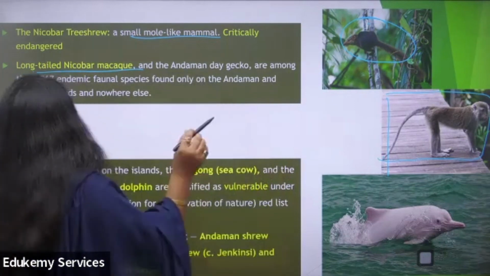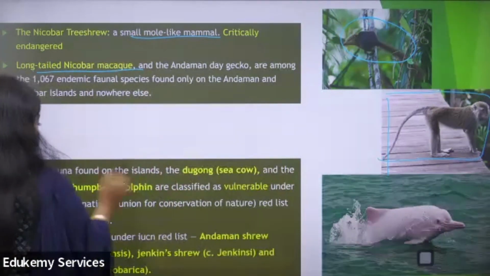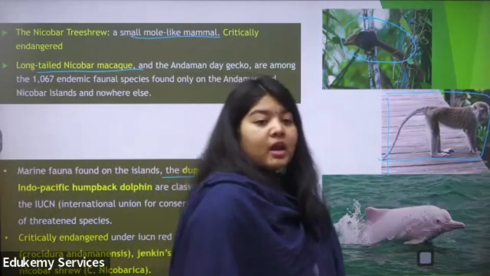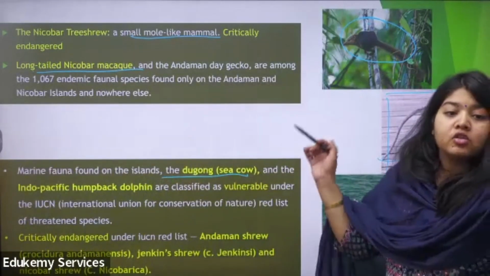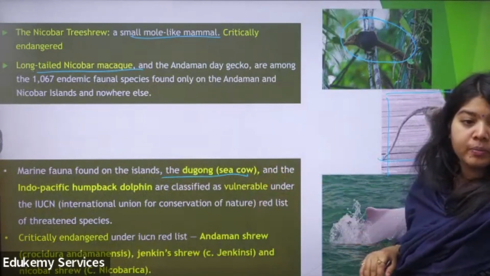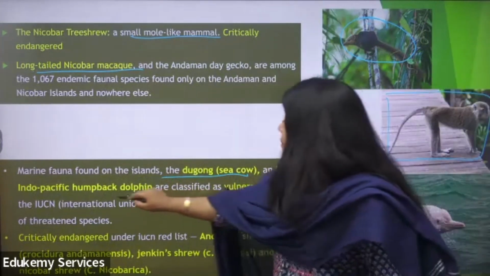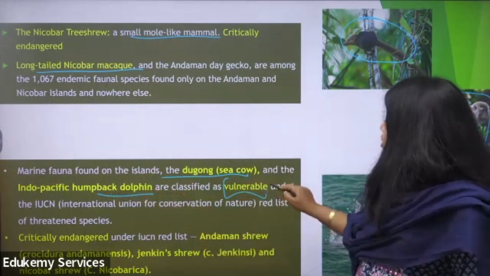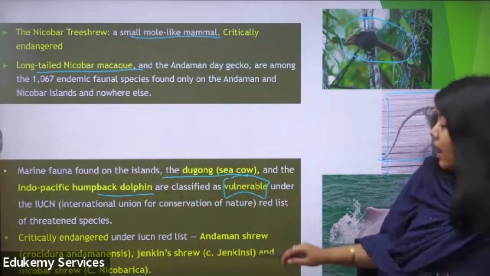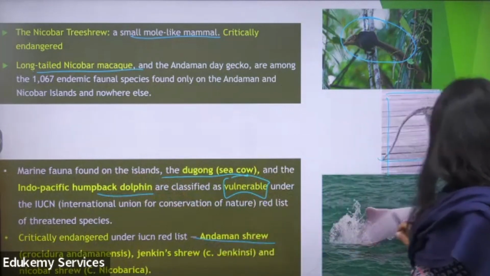All right. Then I have the dugong. Dugong has also been asked in the examination. So dugong is another important animal which is found here. Then I have the Indo-Pacific humpback dolphin. These are both vulnerable. This is what a dugong looks like.